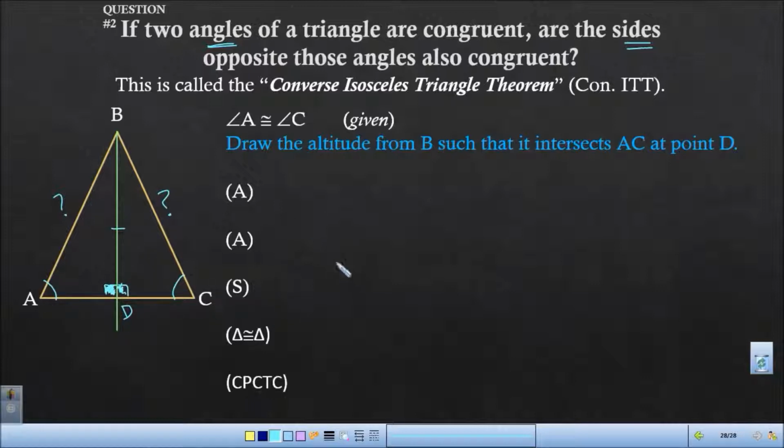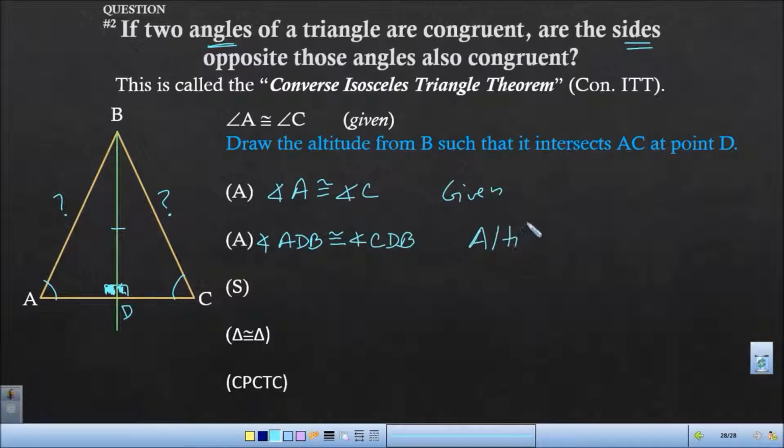All right, so A and C are given to us. Angle A is congruent to angle C, given. Now we have angle ADB congruent to angle CDB, because the altitude generates perpendicular lines, which generates right angles, which are congruent.